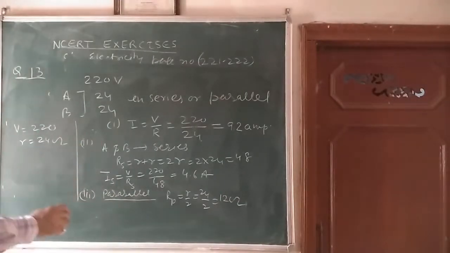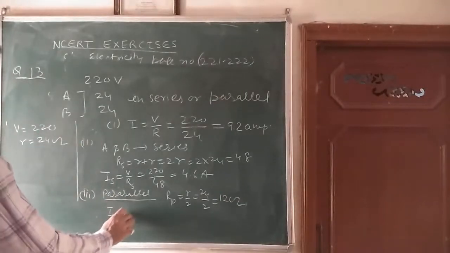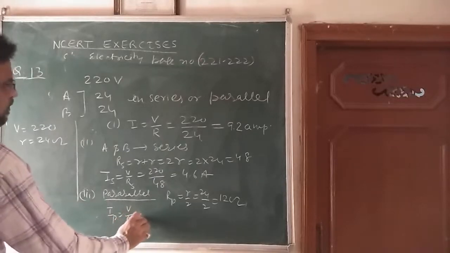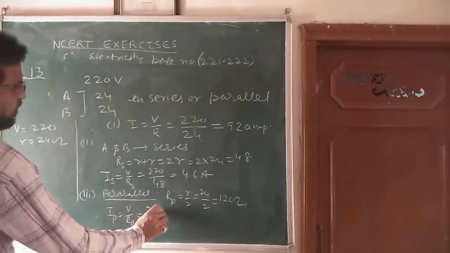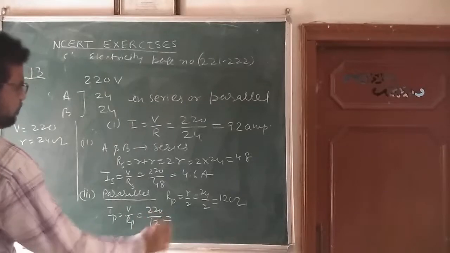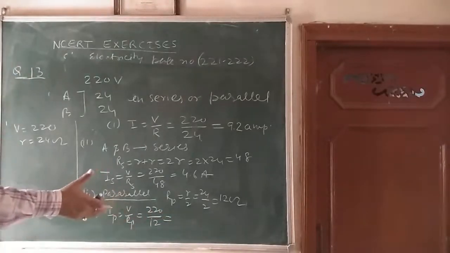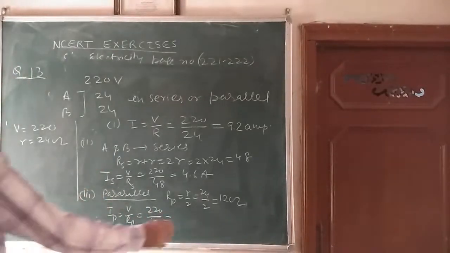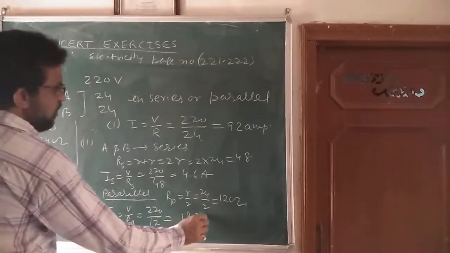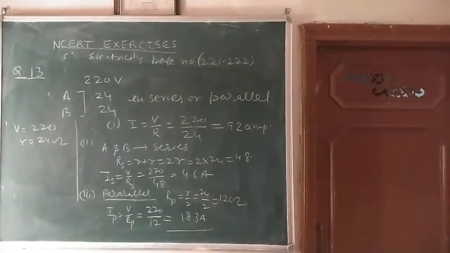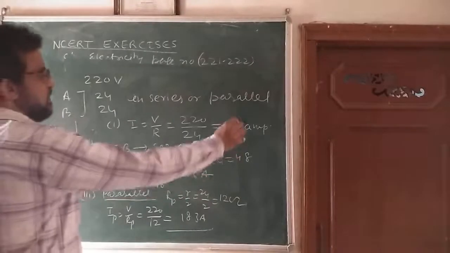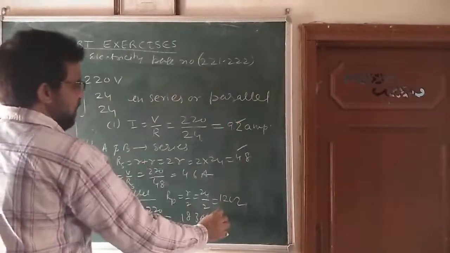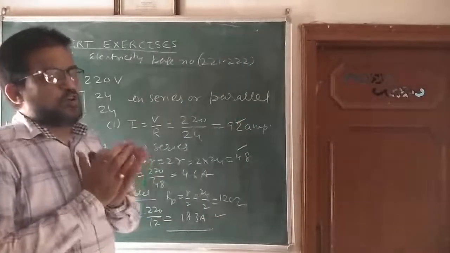So current through the parallel combination would be Ip is equal to V upon Rp, that is 220 divided by 12. So you can see the current is more, around 18.3 ampere. These are the currents separately, in series, and in parallel. This is the way to solve the problems. Write down.